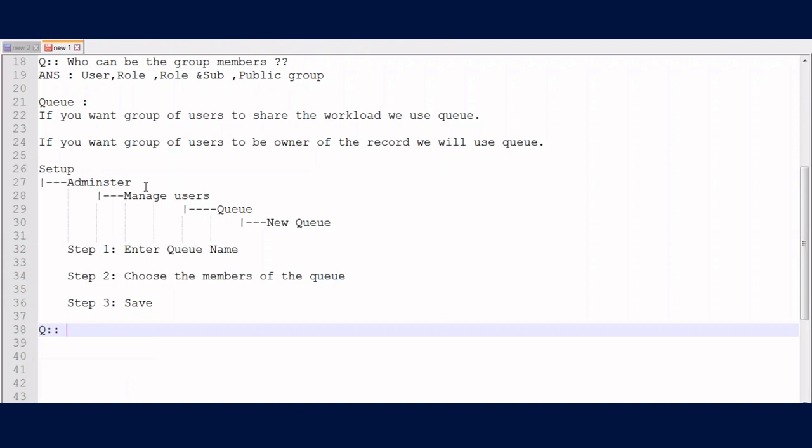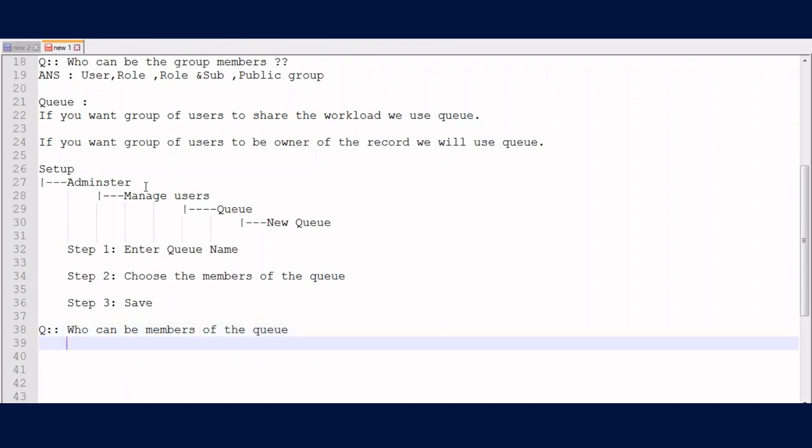Question. Who can be the members of the queue?